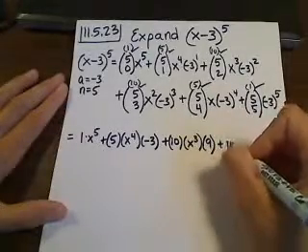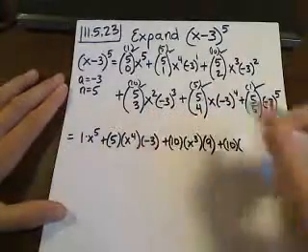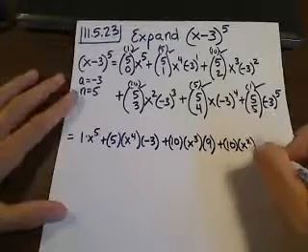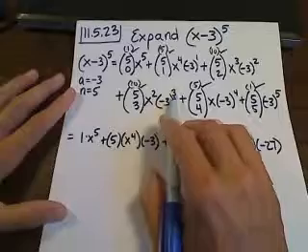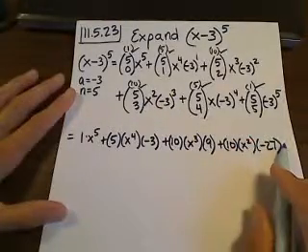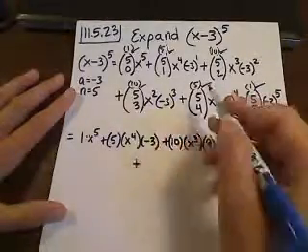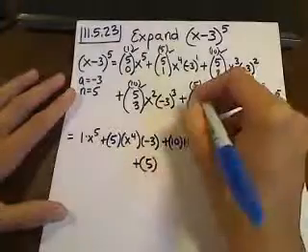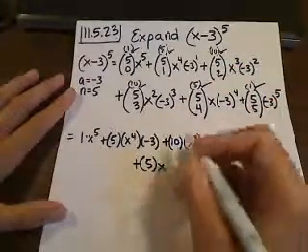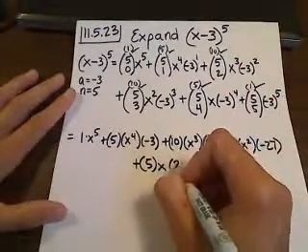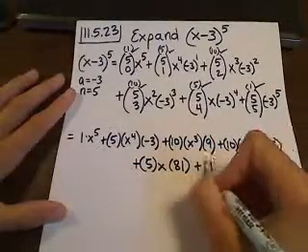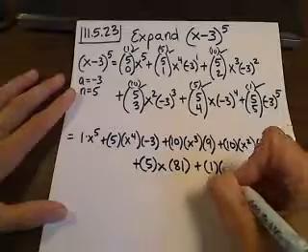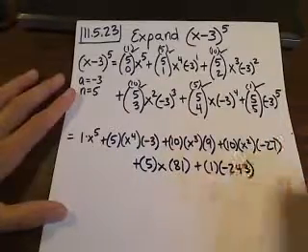Then another 10 times x squared times negative 3 to the third, which is negative 27. Then plus 5, that's this 5, times x times negative 3 to the fourth, which is 81. And then 1 times negative 3 to the fifth, which is negative 243.